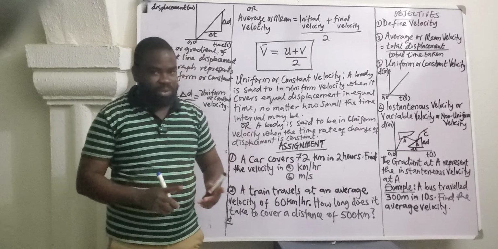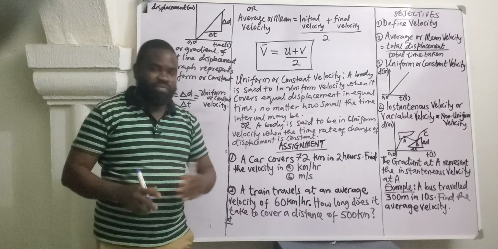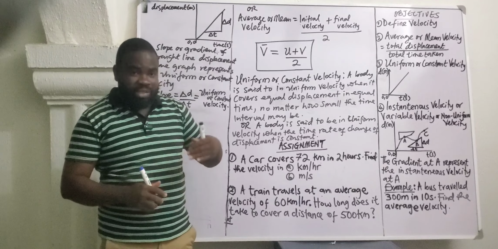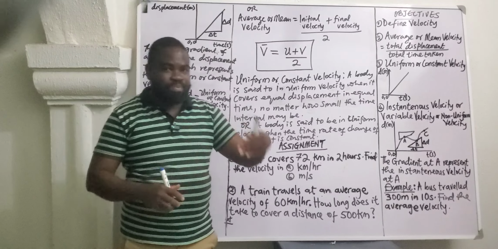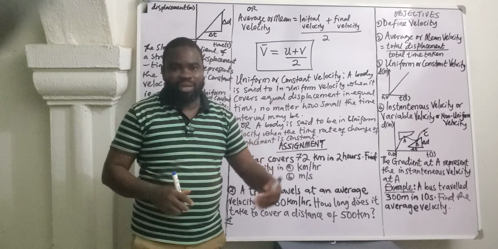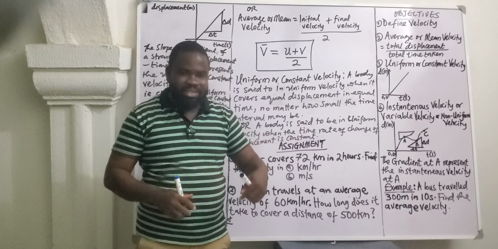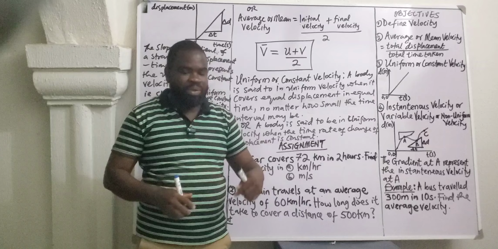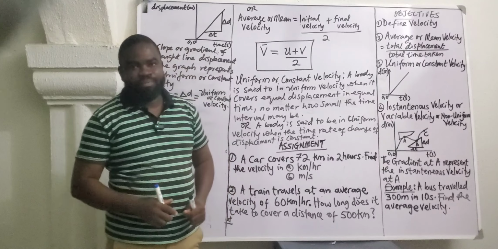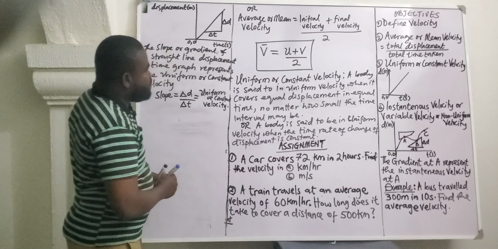Mind the way I'm using the words interchangeably now. Speed, velocity. The speedometer will tell you the speed of that moving car, the velocity of that moving car at a particular instant in time. I hope that point is noted.